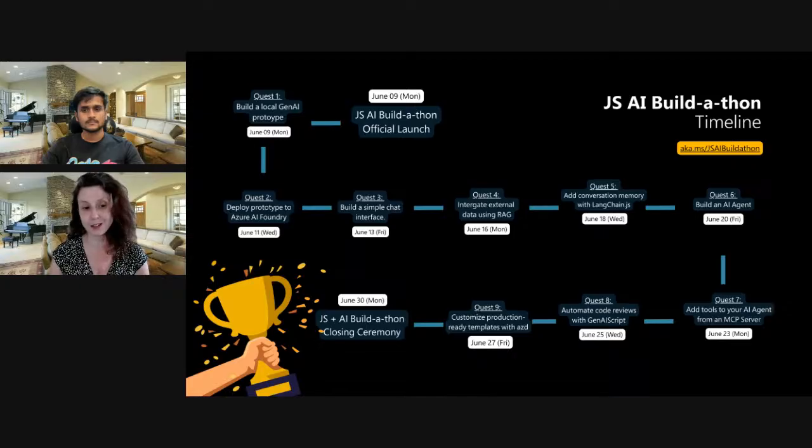You'll see on the leaderboard there's 85 of us. We'd like everybody, but our minimum goal is 20. We want 20 people to cross the finish line, 20 people to complete Quest 9. That's our ask of you.